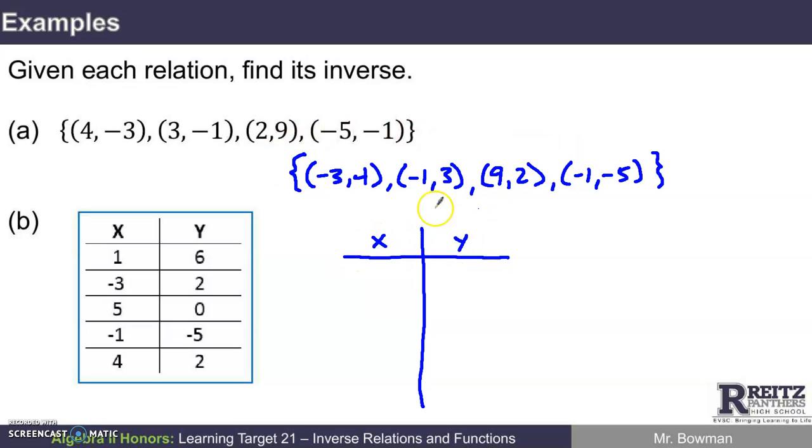You could list it like a set of ordered pairs, like in A. But I see 1, 6, so I need 6, 1. -3, 2 means the inverse needs 2, -3. 5, 0 means I need an ordered pair 0, 5. -1, -5 means we need -5, -1. And 4, 2, we need 2, 4. And this relation here is the inverse of the given relation.